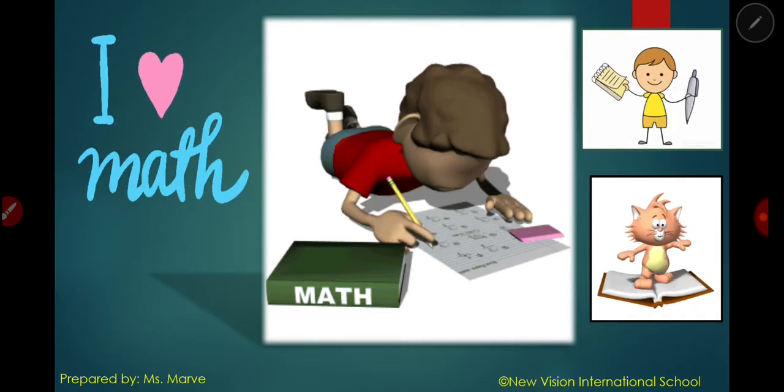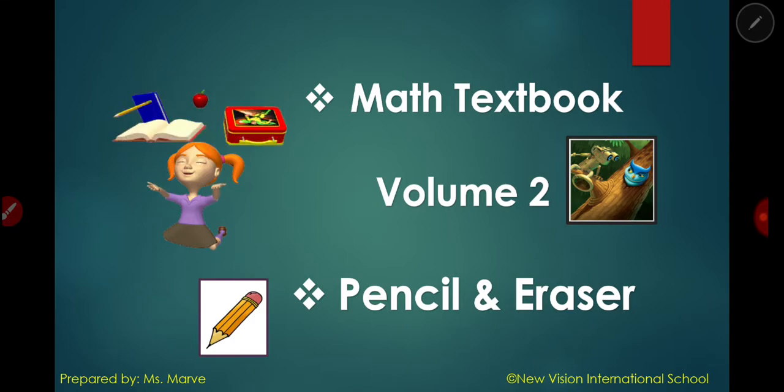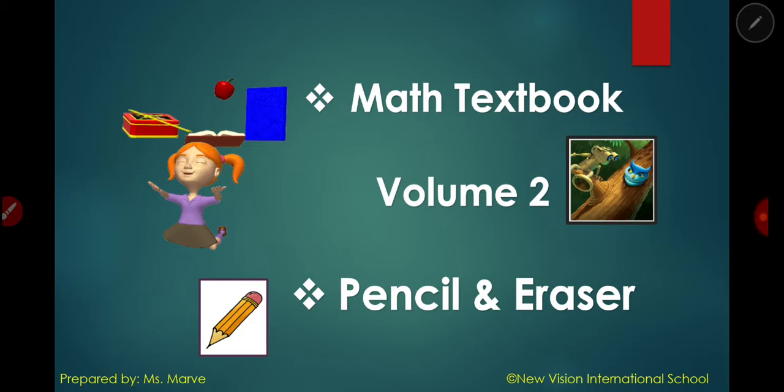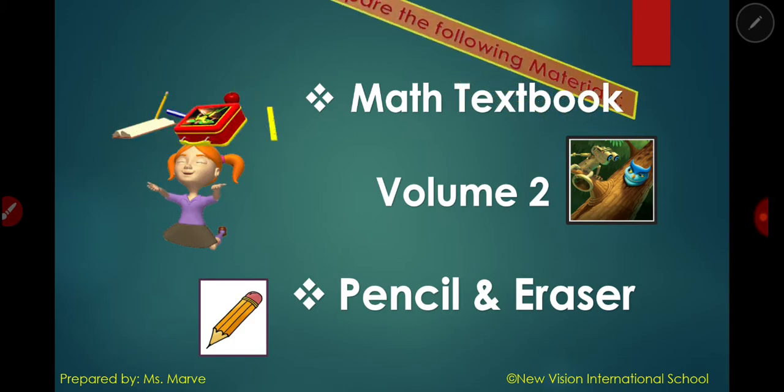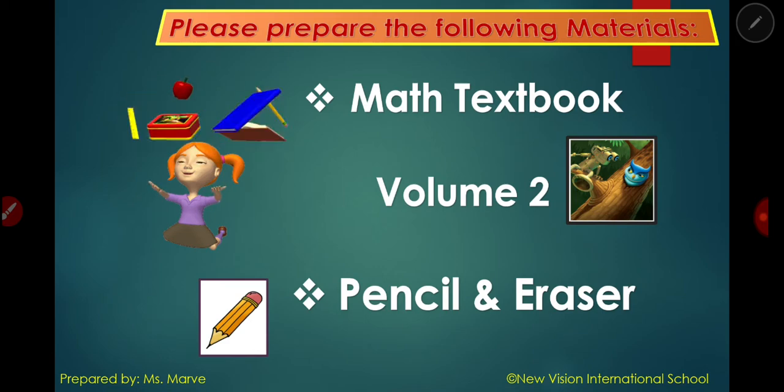Always remember that you need to have your book with you. What is that book? Math textbook, volume 2. Hold your pencil and prepare your eraser if you need it. Understood? Okay. I assume that you have all these materials with you now.